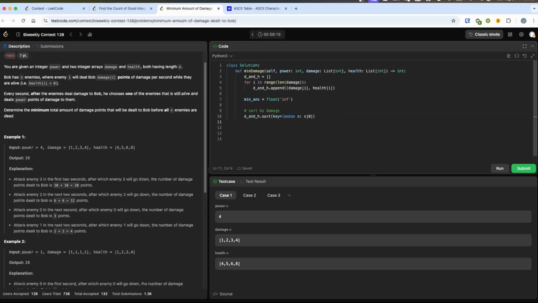Then what we want to do is say let's go through and calculate if we do the ones with the highest damage first, right? And we know that our total equals the sum of damage.